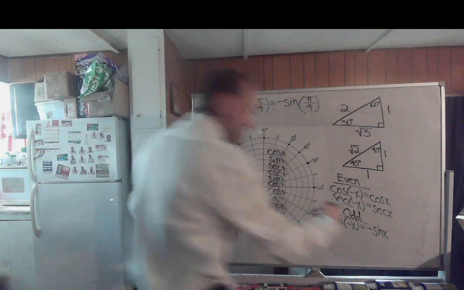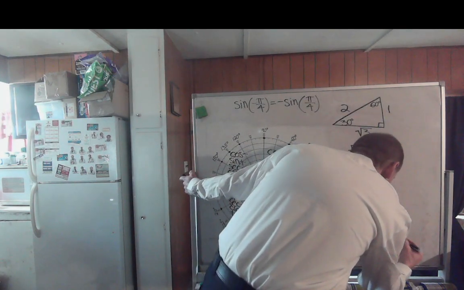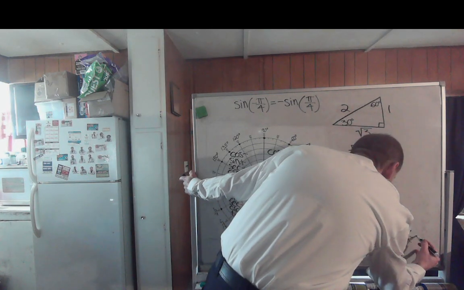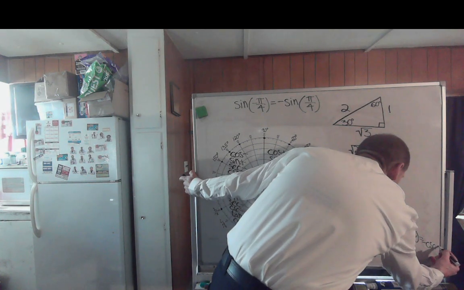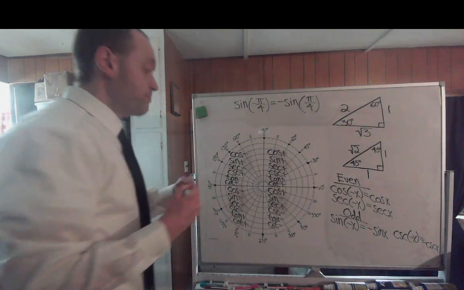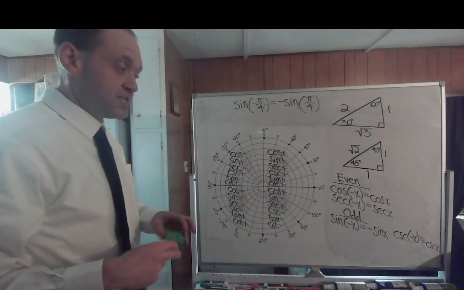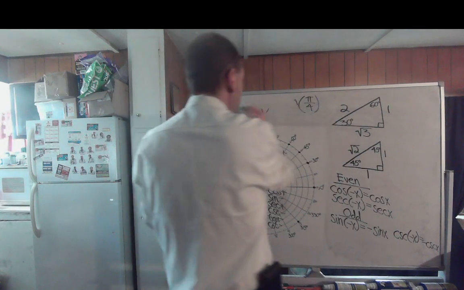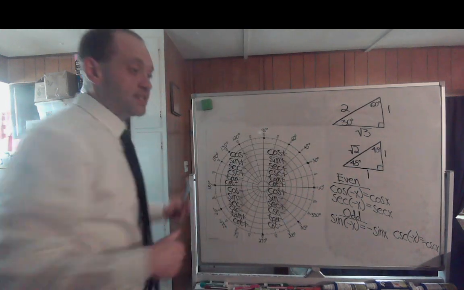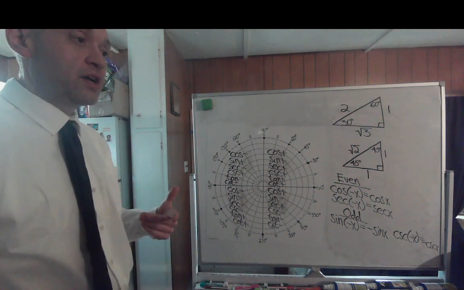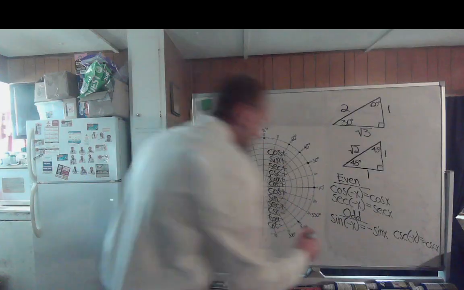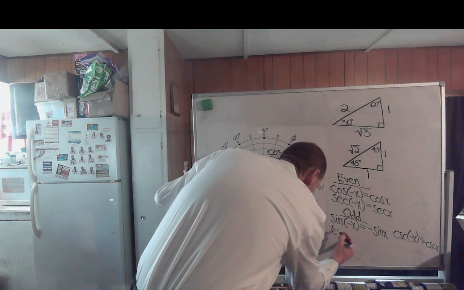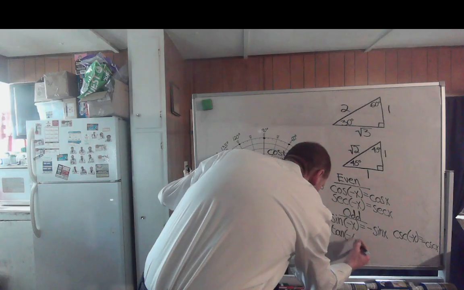Which then by extension, because of my sine, that means my cosecant function is also odd. And then, well, tangent and cotangent are also odd functions because tangent is simply sine divided by cosine, cotangent's cosine divided by sine, and so tangent of negative x would be odd.